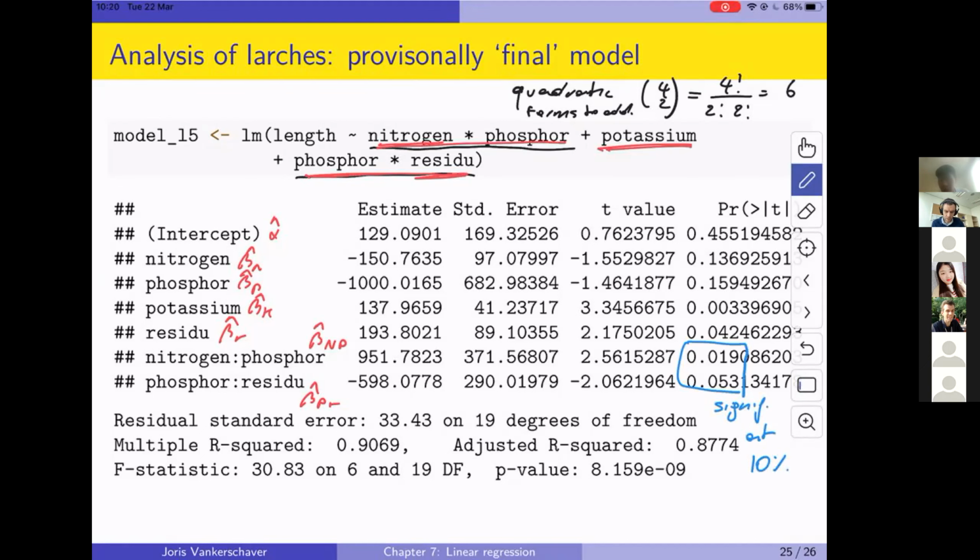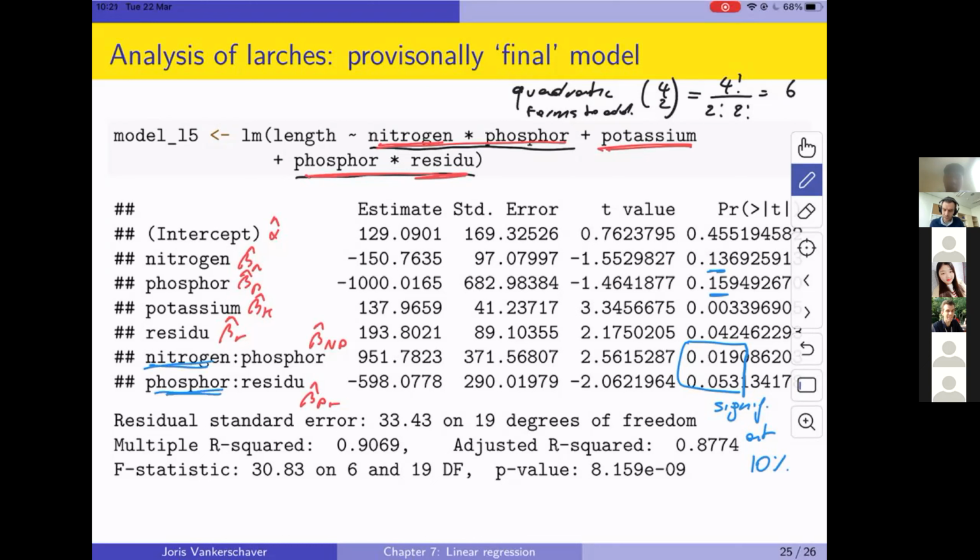And now if you look at the individual terms in your model, nitrogen, phosphor, potassium, and residual ash, even though some of them are not significant just by looking at the p-value, so for instance, nitrogen and phosphor, you still have to include them in your model because you have interaction terms that involve nitrogen and that involve phosphorus.